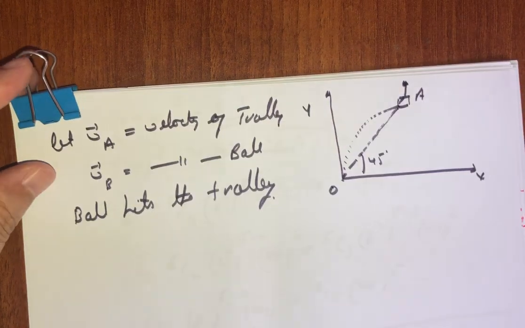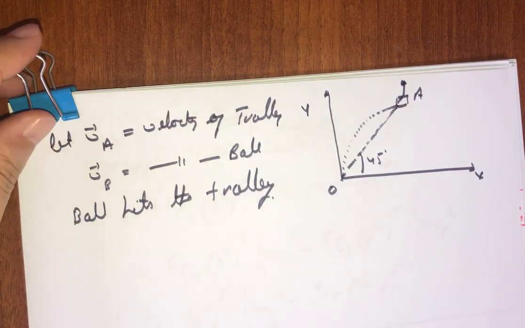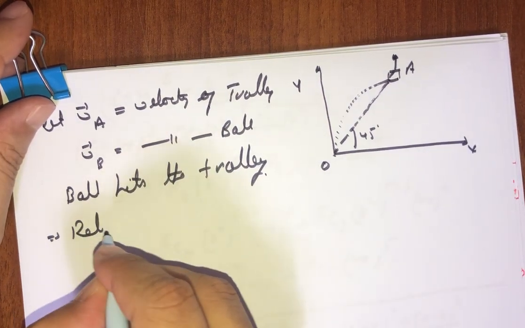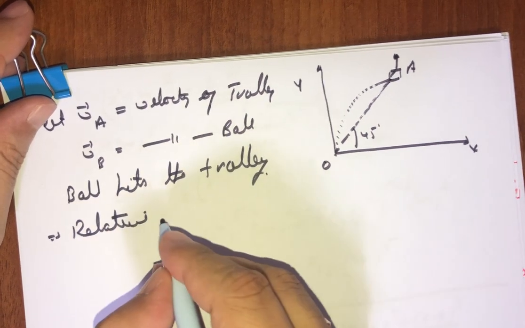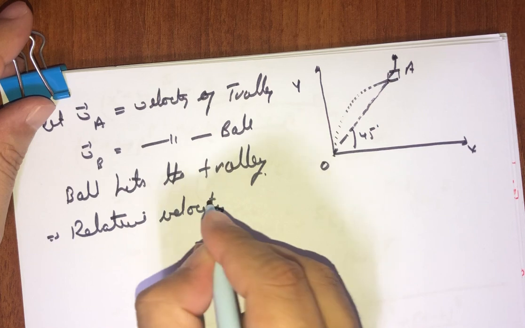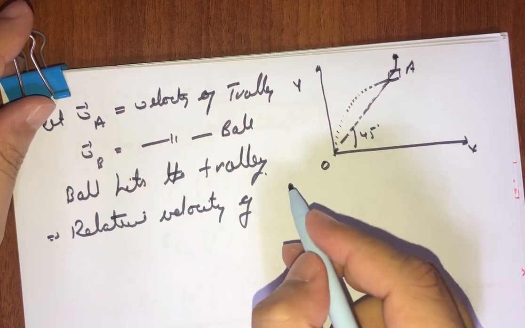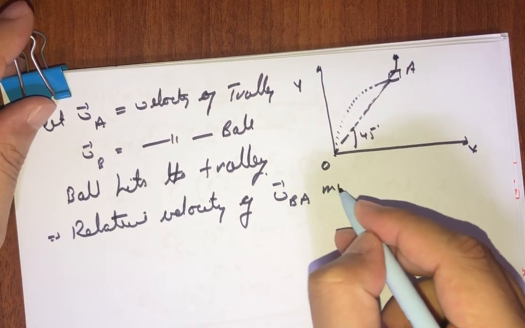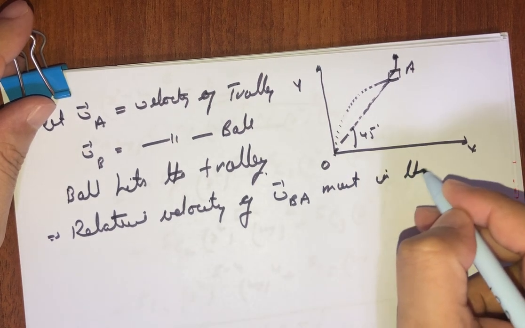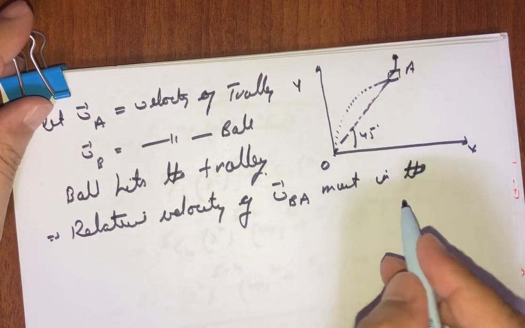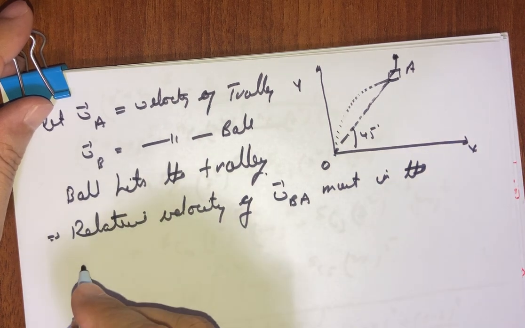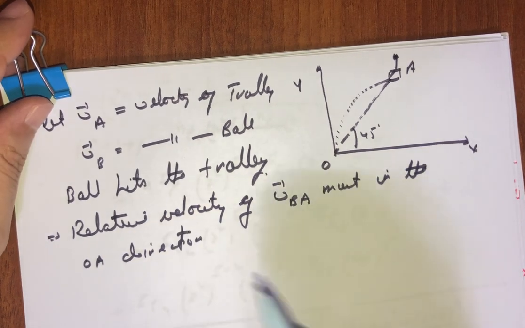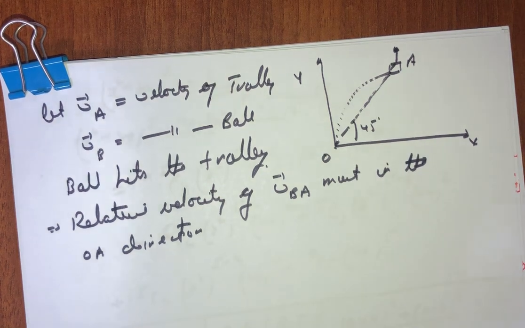If the ball hits the trolley, we can say that the relative velocity of the ball, VBA, must be in the direction of OA, or along OA.